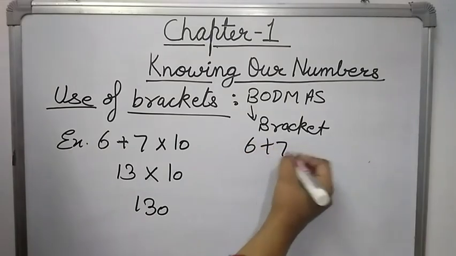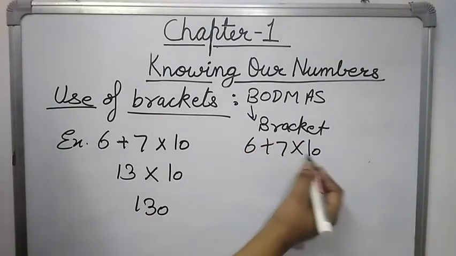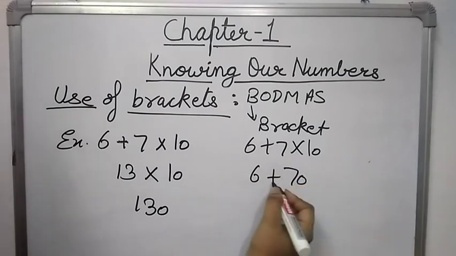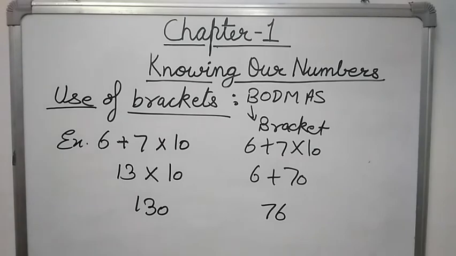Another student can multiply 7 and 10 first, so it will be 6 plus 70, and then 76. So we can see the question is the same but the answers are different for two persons solving it in two different ways.